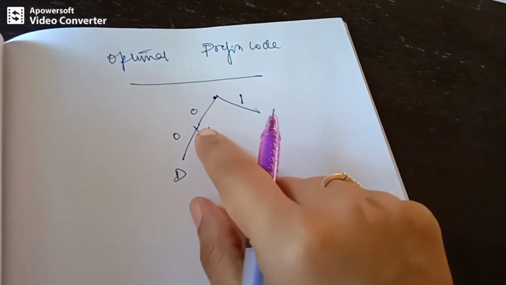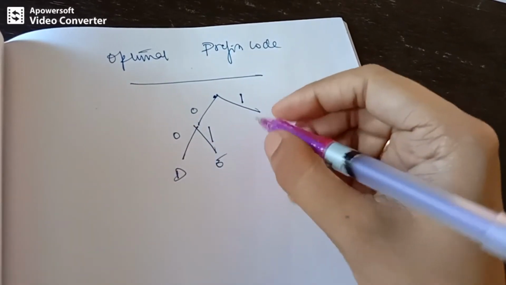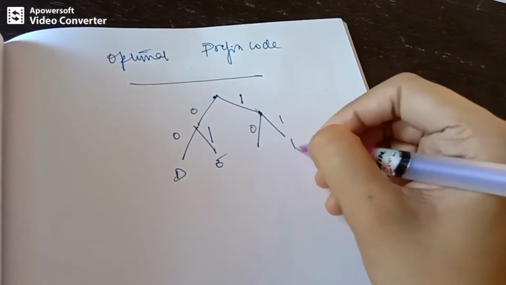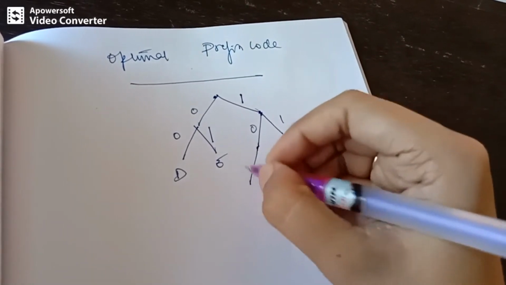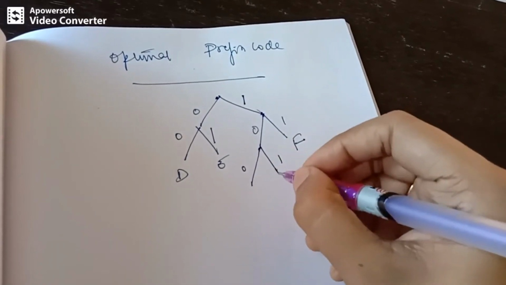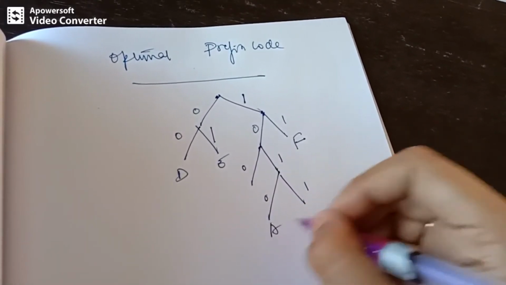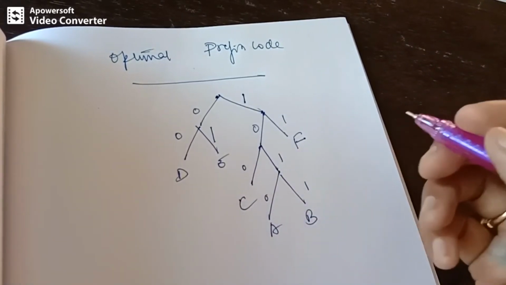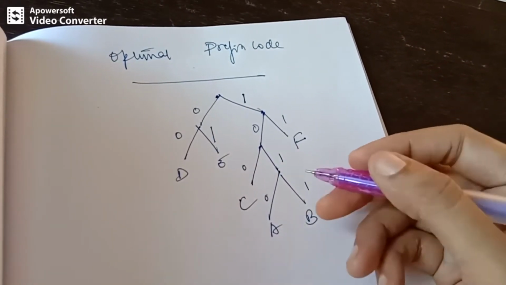So we are assigning the label symbols zeros and ones. I am using the same reference of the previous tree. Here we had A and B in the previous tree, here C, D, E and F, right? So this was our previous tree.